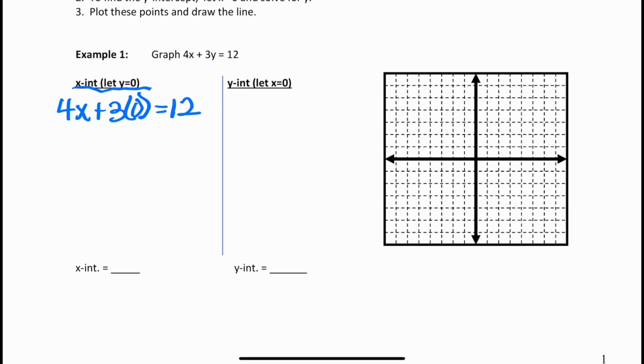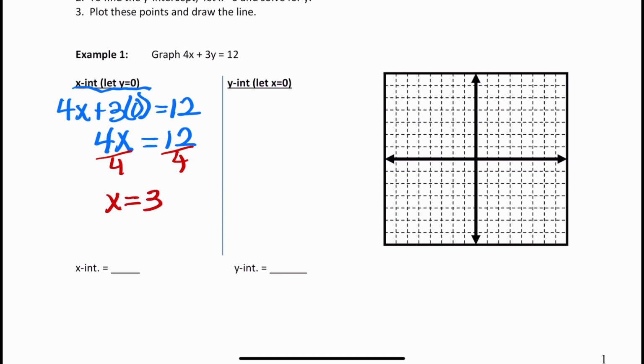Then 3 times 0 is 0, so we just have 4x plus 0, or 4x equals 12. From that equation, we can figure out what x equals by dividing both sides by 4, and we find out that when y is 0, x is 3.